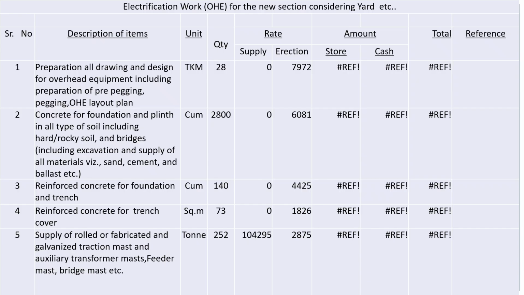Then the type of soil. Then the infringement in the site that you have to overcome. The wind pressure zone of that place. According to the wind pressure zone, you have to decide your OHE span.